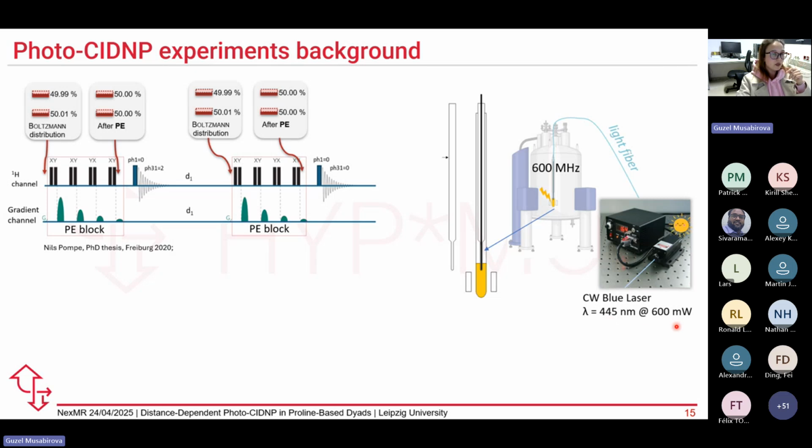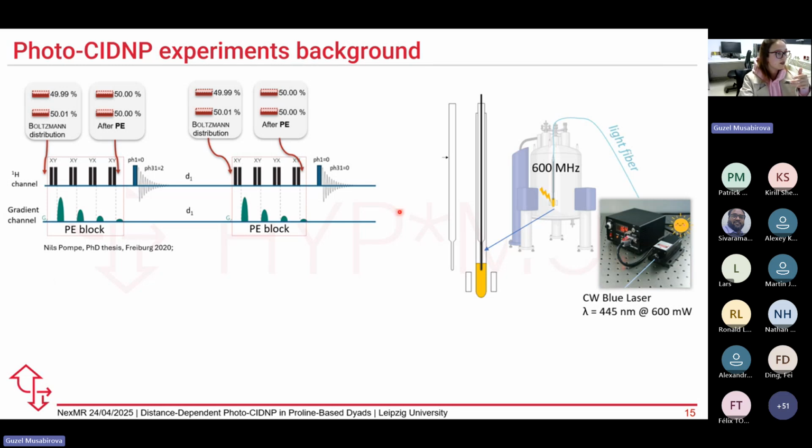And we bring the light through a light fiber from the top into the liquid NMR tube. And that is the pulse sequence, which directly measures the subtracted spectrum, dark minus light, and we don't see the thermal polarization. I would like to explain a little bit of the background of it.